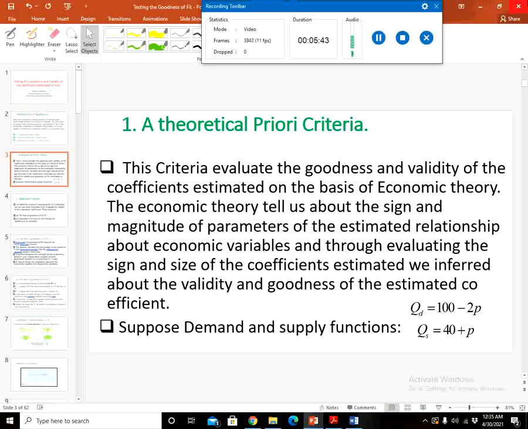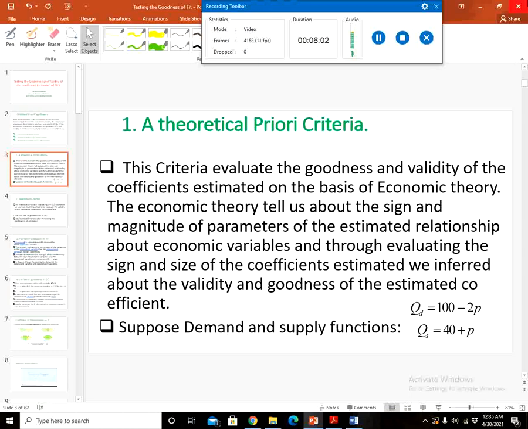Here in the theoretical a priori criteria, we employ the guidelines from economic theory to test the significance of the coefficients.